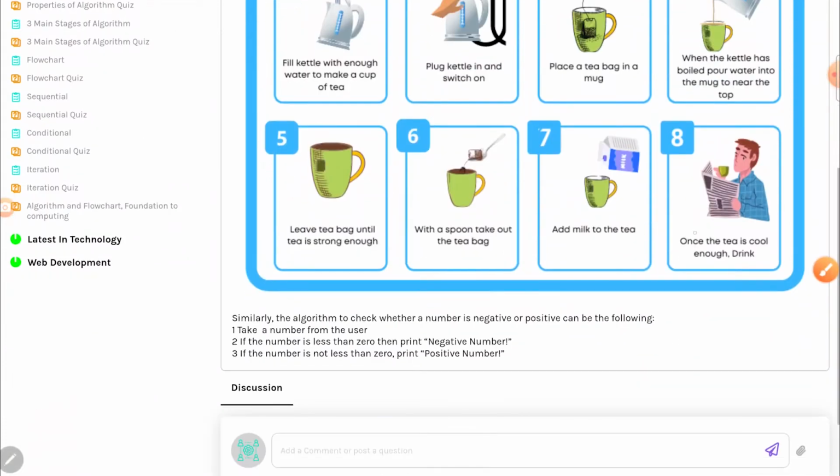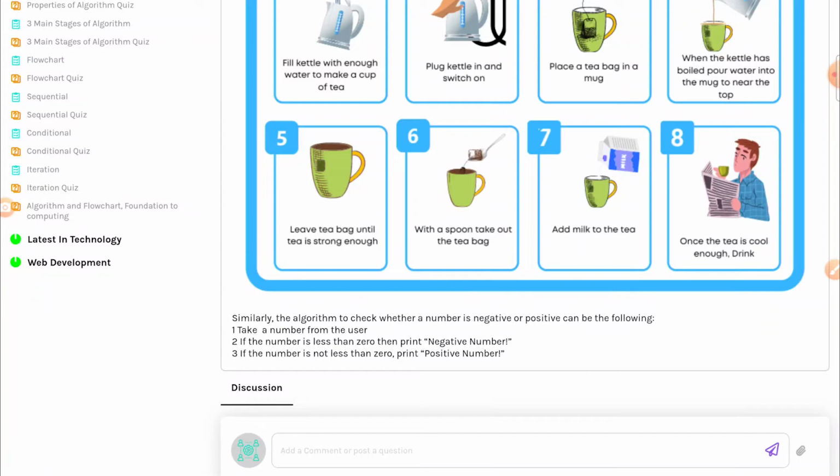Similarly, take a mathematical example. Let's say we want to check if a number is even or odd, or a number is positive or negative. It's pretty straightforward. You take the number, then if the number is greater than 0, it's a positive number.